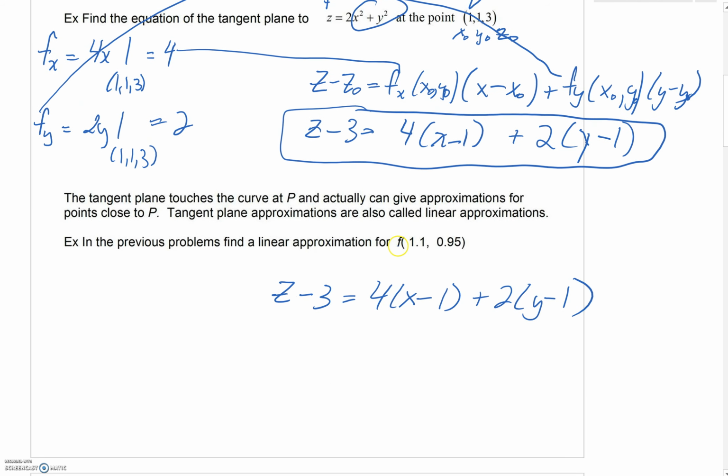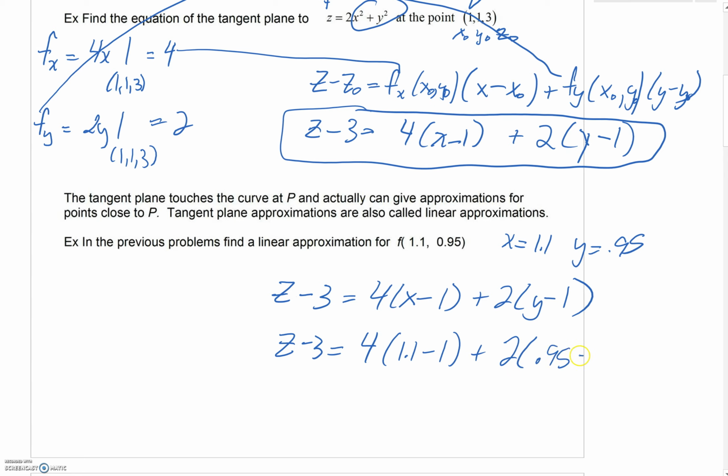As we move away from the point in question, as we let x equal 1.1 and y equal 0.95, what's the benefit of this? Well, we can very quickly get estimates for the function at hand, and it's not that difficult to do that.